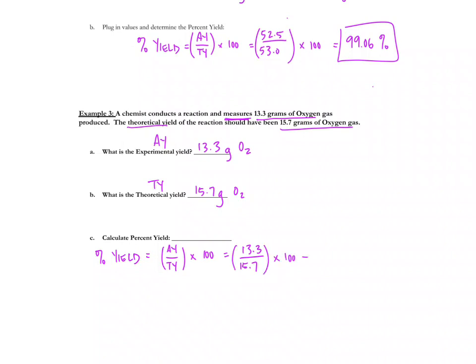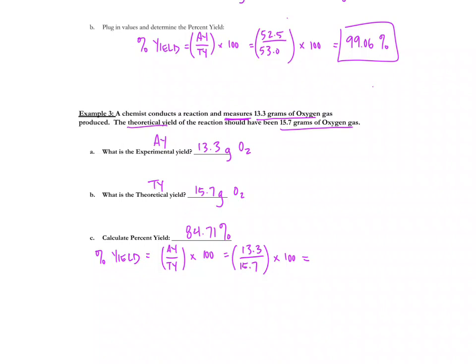Multiply that by 100, and you should get an answer not quite as high as what we've previously calculated, but it's still a high number. Should have gotten 84.71 or something along those lines. 84.71%. Now, again, this number is not as high.